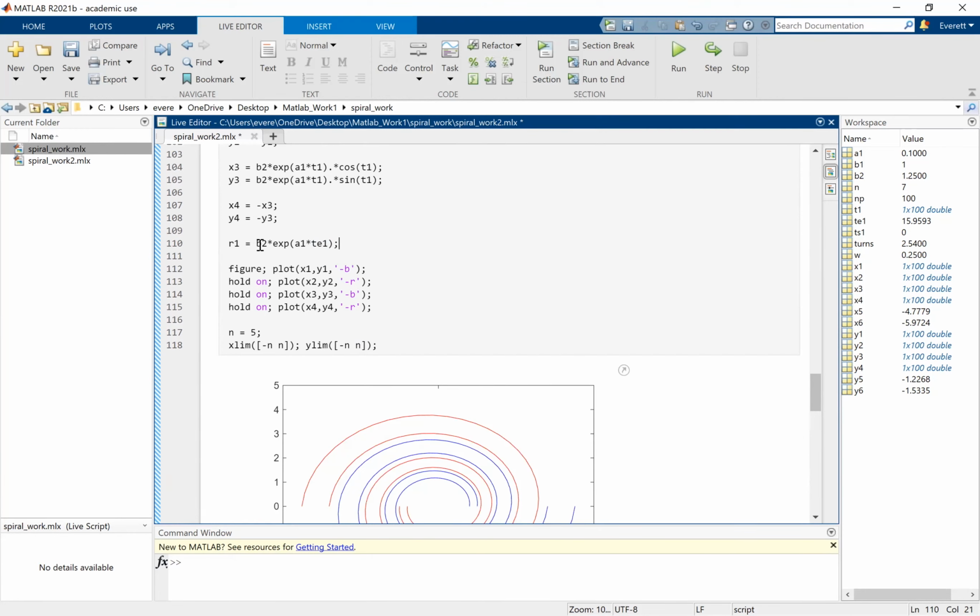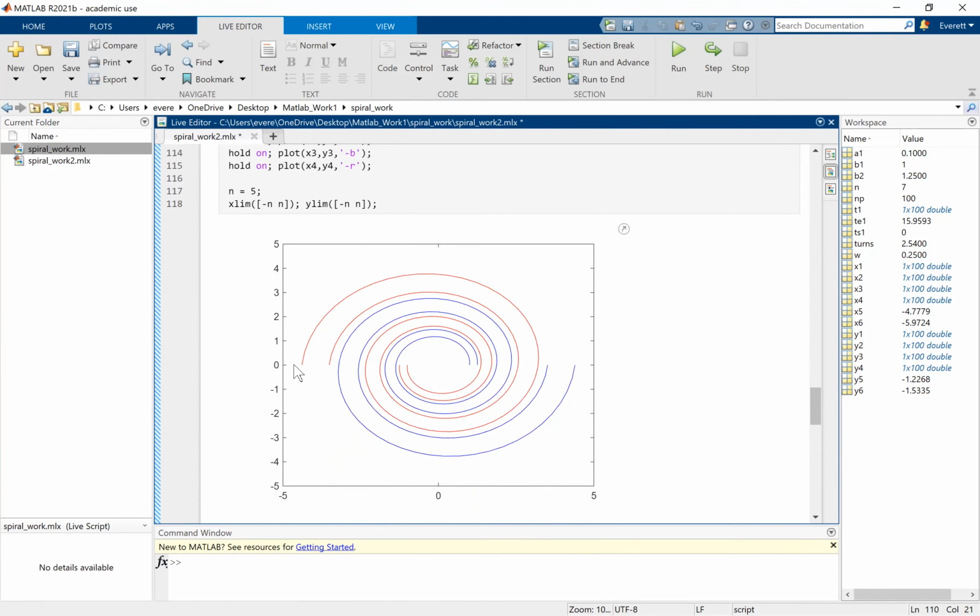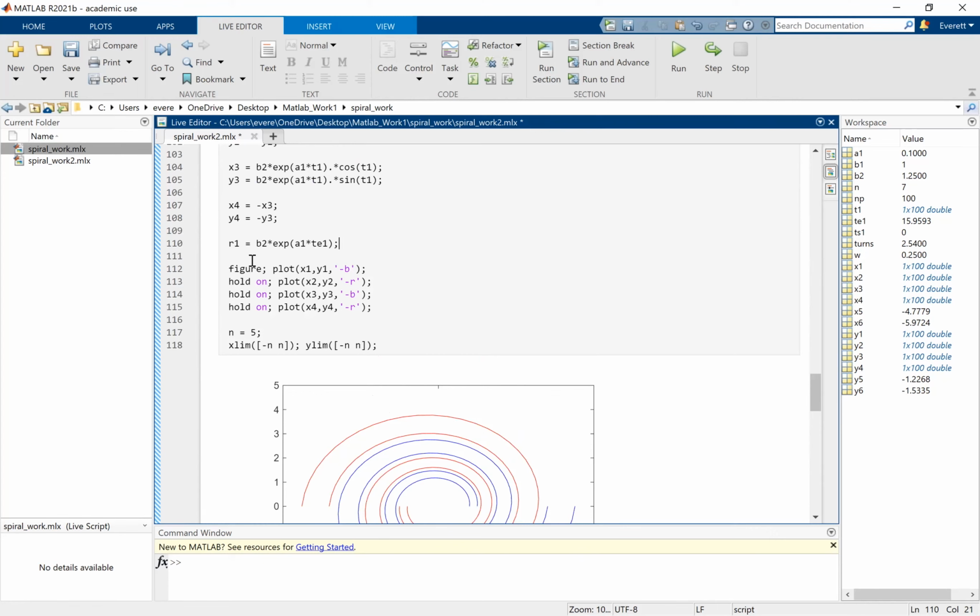All right, so now that we know the magnitude that the outer edge stops at, we need to figure out what value of phi it takes to extend this inner edge here all the way to R1.